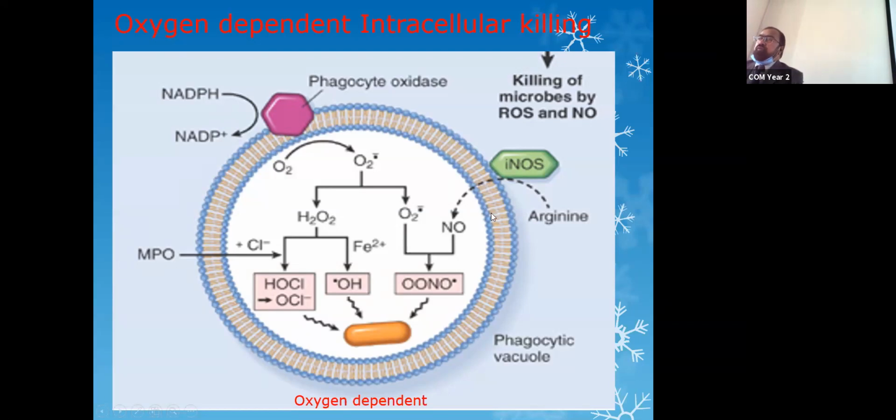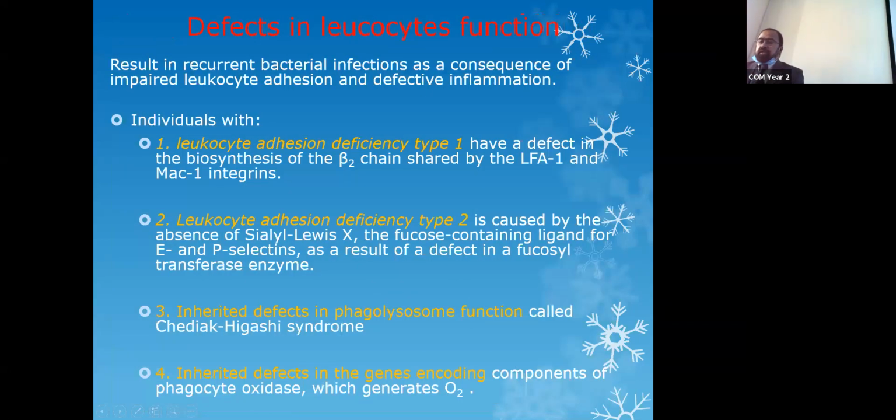right? So we will discuss the diseases later on. What happens? We have to go back also. Some of the patients have recurrent infection all the time. Why? Either they have leukocyte adhesion deficiency type 1. What happened here? They have a defect in the biosynthesis of the beta 2 chain shared by the LFA1 and MAC1 integrins. You know that in neutrophil, we have two things.